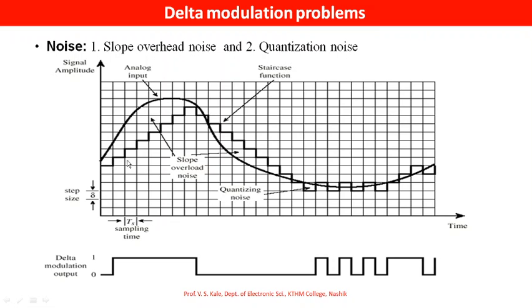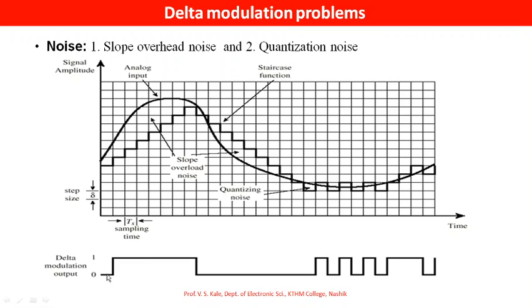So in delta modulation, the step size is fixed for increasing the signal as well as decreasing. If signal is increasing rapidly or decreasing rapidly, then two noises appear. One is called slope overload noise and second is called quantizing noise. This is the delta modulation output.